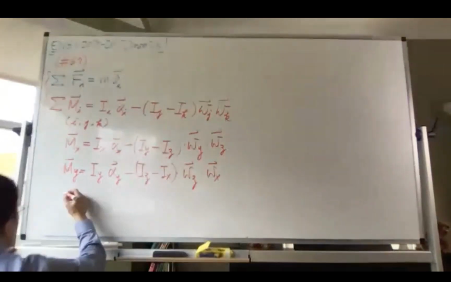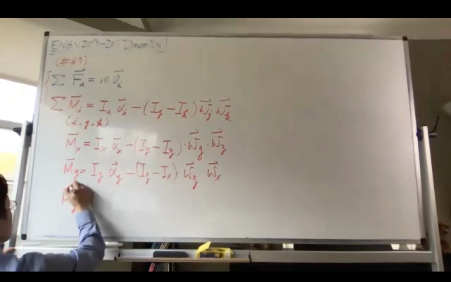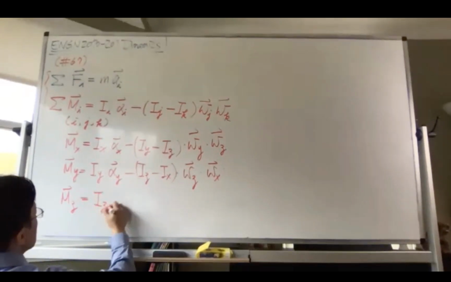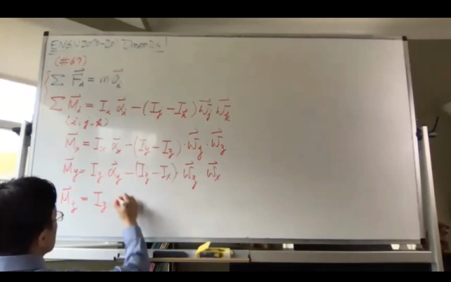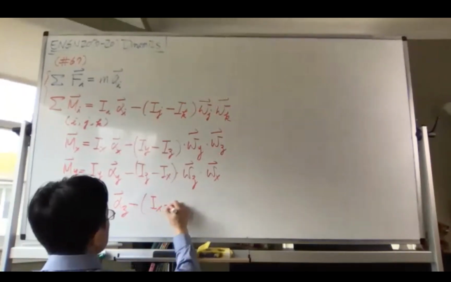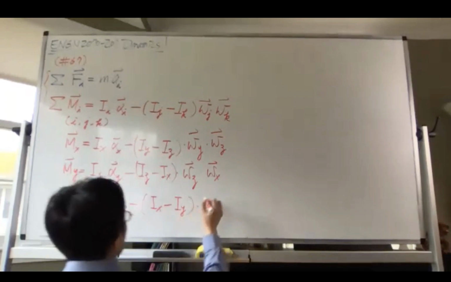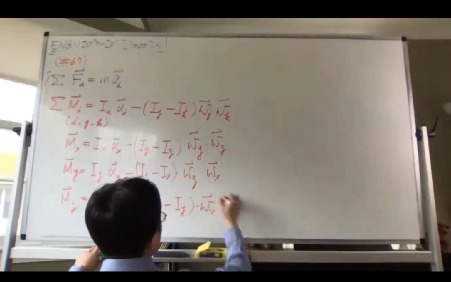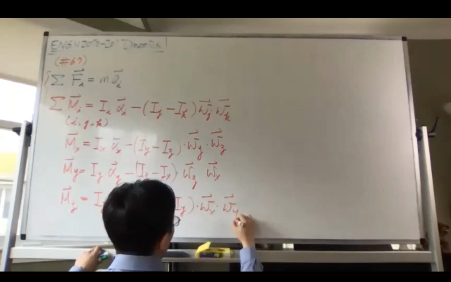And the last one, Mz equals Iz times alpha z minus (Ix minus Iy) times omega x times omega y.